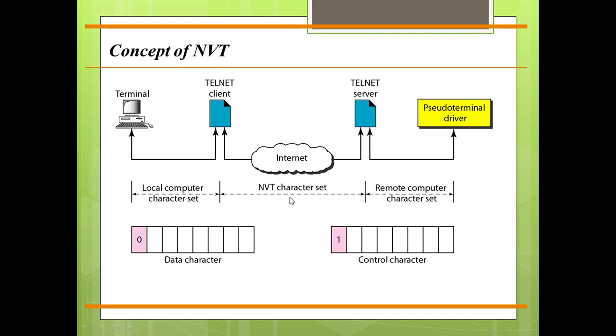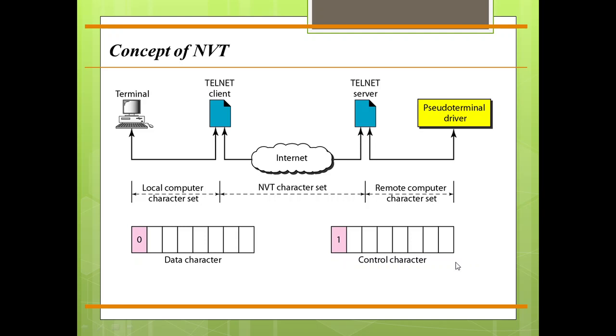Via this interface, the Telnet client translates the characters that come from the local terminal into NVT form and delivers them to the network. The Telnet server, on the other hand, is going to translate data or commands from NVT into the form acceptable by the remote computer. So we can see the concept of NVT in this figure.